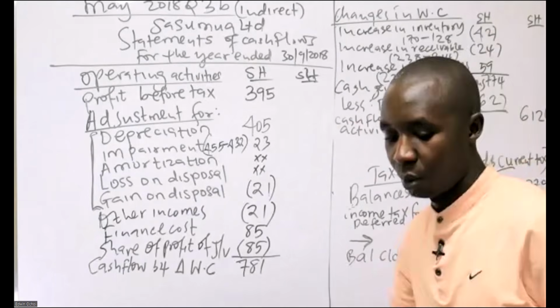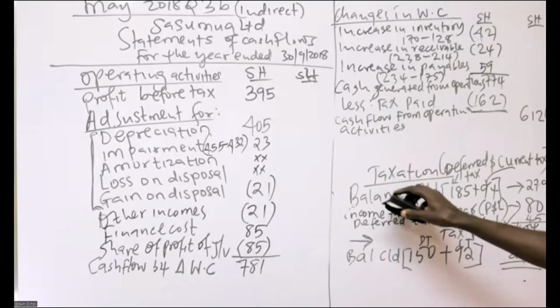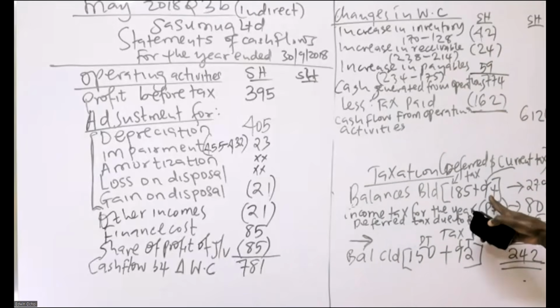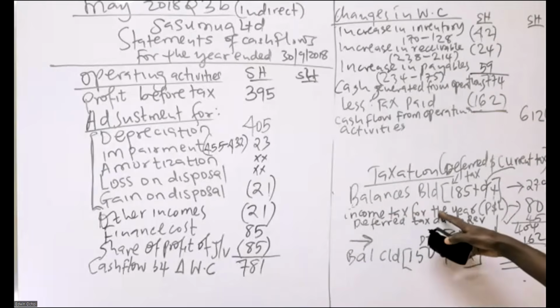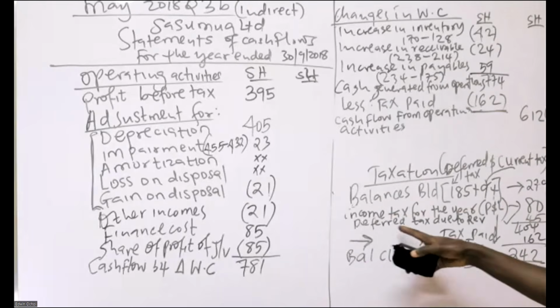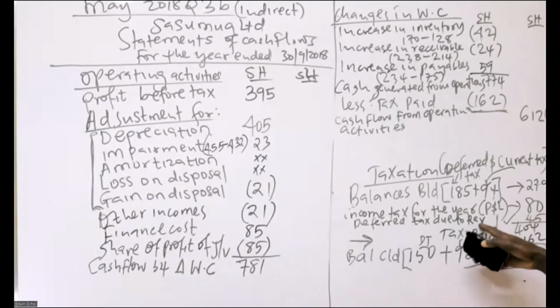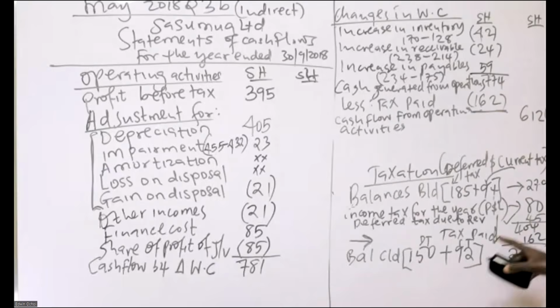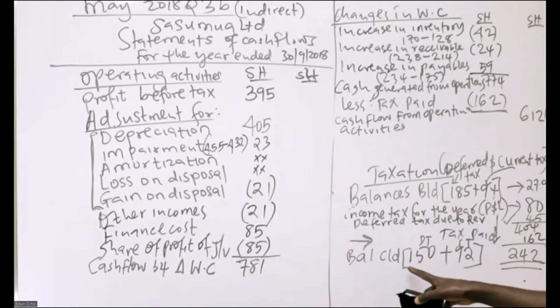At least now we can move very fast. So you have understood this: taxation, balance brought down for deferred tax, current tax, income tax for the year from the income statement, deferred tax due to revaluation, the revaluation which was given in note 1, the 30% of 150, you get the total of 404. That is the tax they were supposed to pay. Then you consider with your balance carried down.